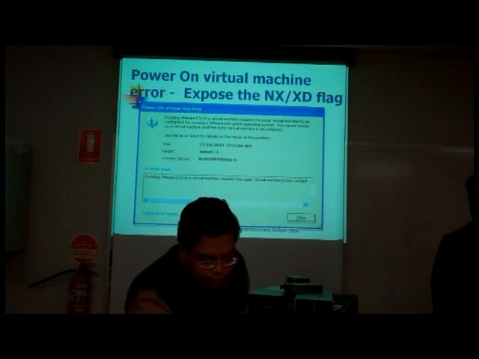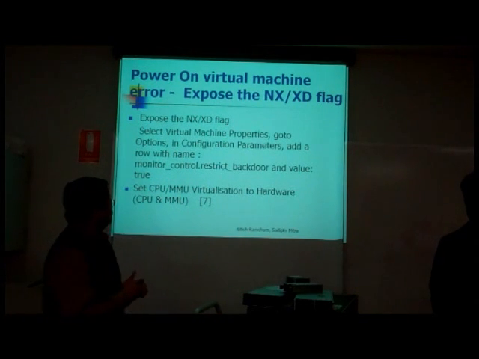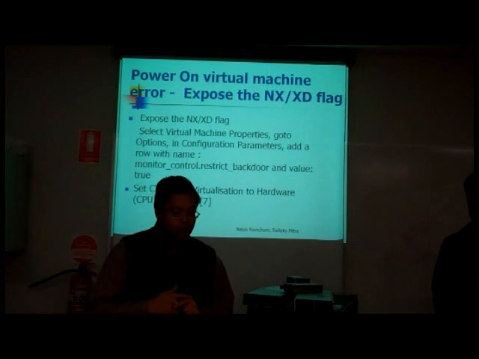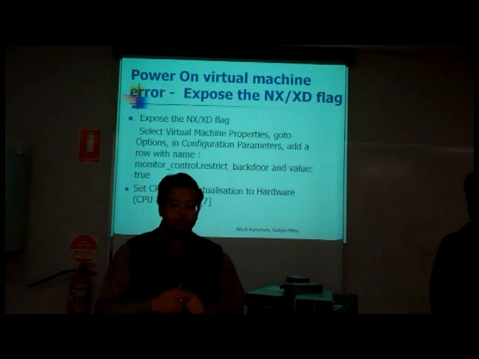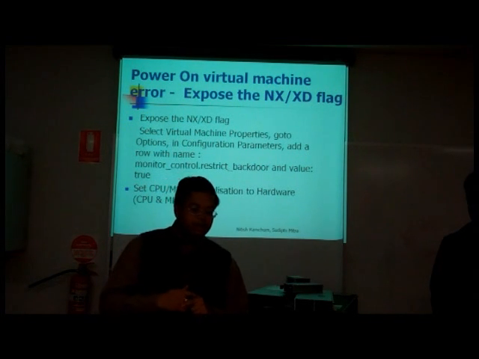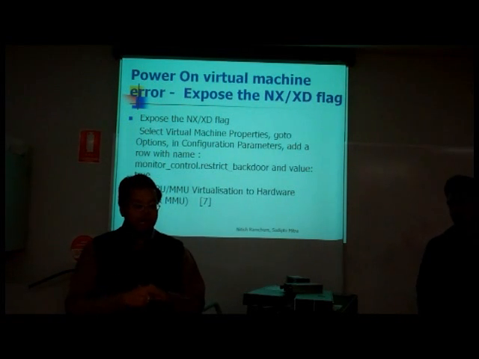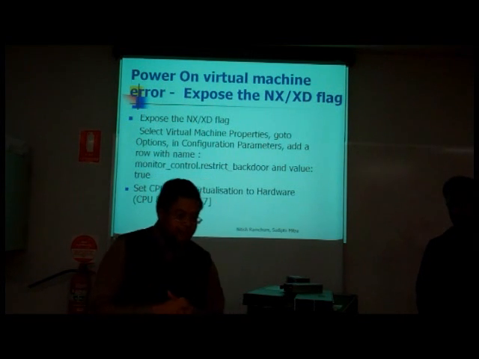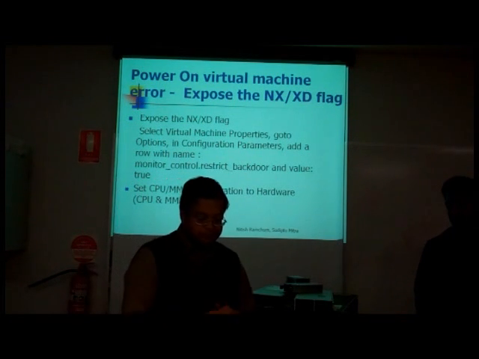To do that, we went to Options, Configurations, and added a row with monitor_control.restrict_backdoor and set the value to true. Then we set the CPU MMU virtualization to hardware CPU and MMU. Once we did that, we could turn all the nested virtual machines on without a problem.